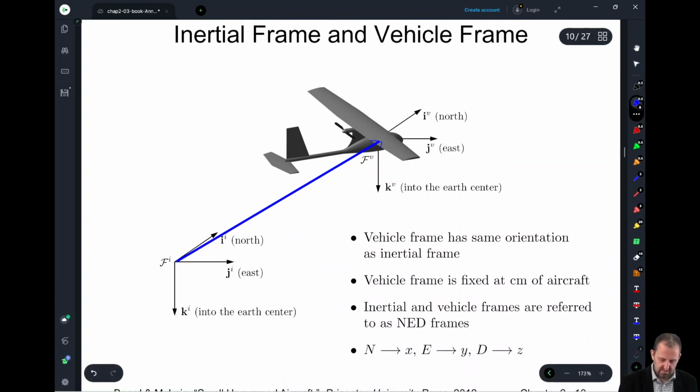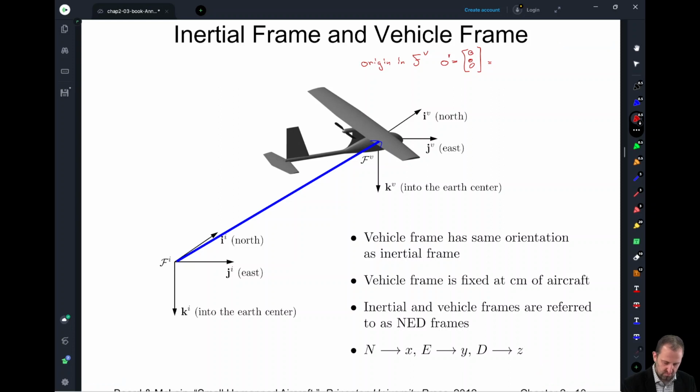And if we were to write this, our origin in frame FV, so we call this our vehicle frame, is equal to 0, 0, 0 in frame V. This is going to be equal to the origin in frame NED, which is what we call our north position, our east position, and our down position.